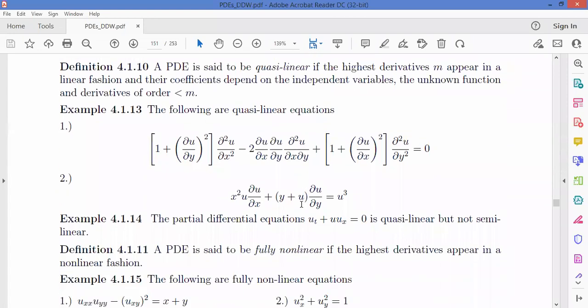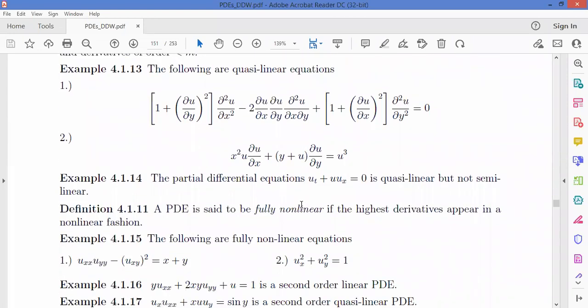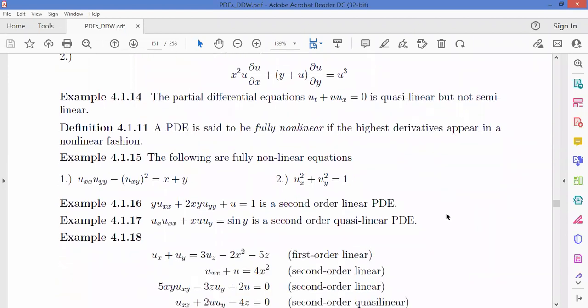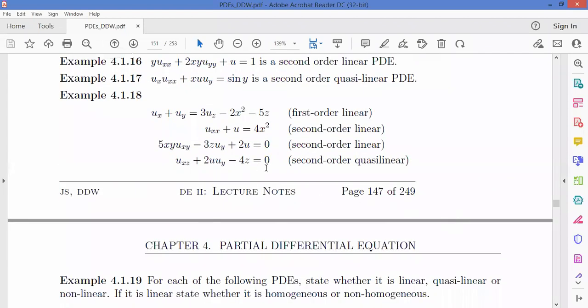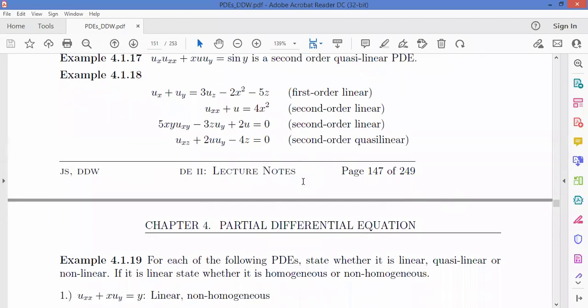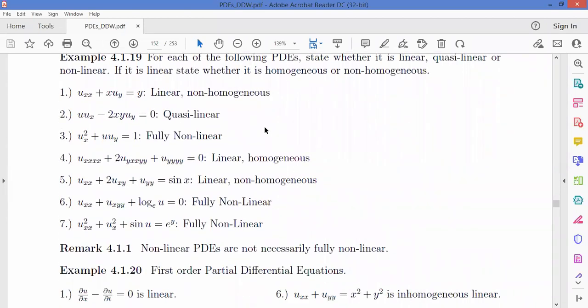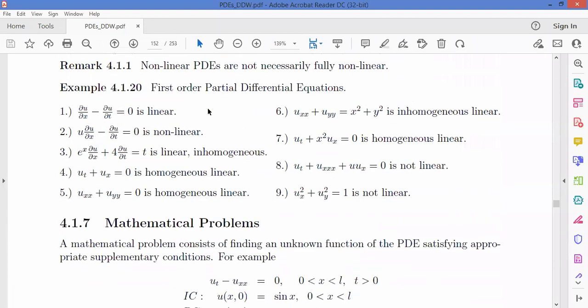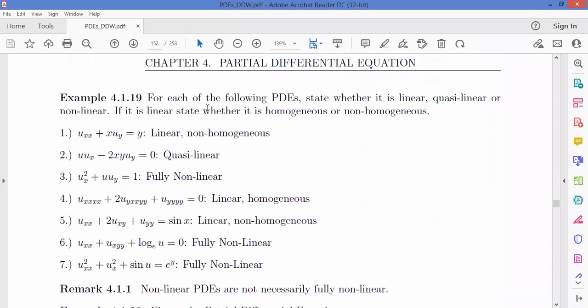There is really nothing big here. A PDE is said to be fully nonlinear if they are okay. Go through all of these ones. You understand the second order nonlinearity. All of these ones are yours. Get your hands dirty and you go through all of these definitions.